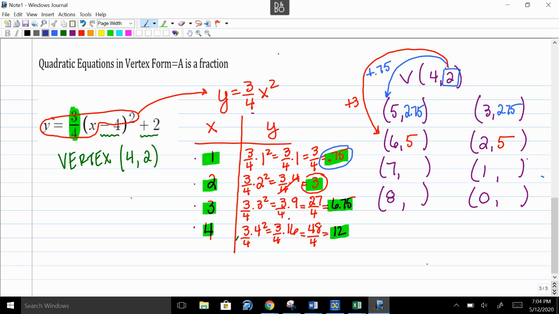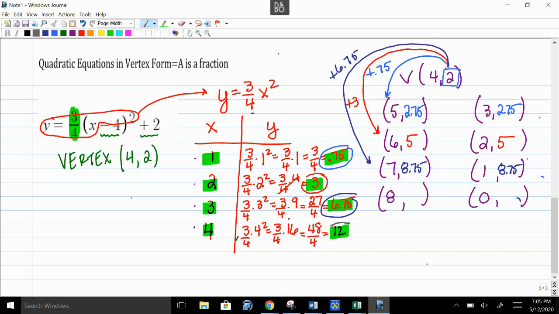Hopefully you're getting the idea here. The next one from the 2 down to that third point down there, I know I'm drawing a lot of arrows here, you're going to increase by 6.75. 2 plus 6.75 is 8.75. So over here, it's 8.75. And then last but not least, I'm going to squeeze this one in here, guys.